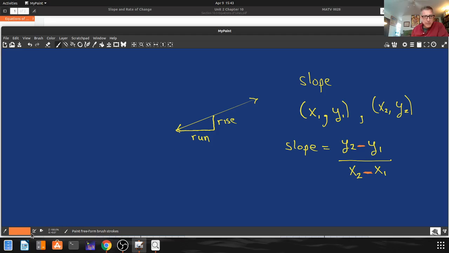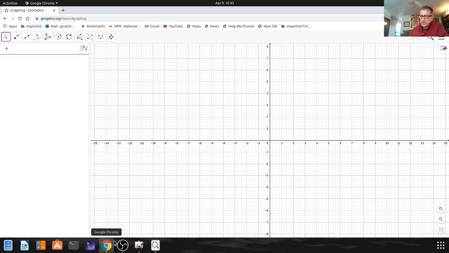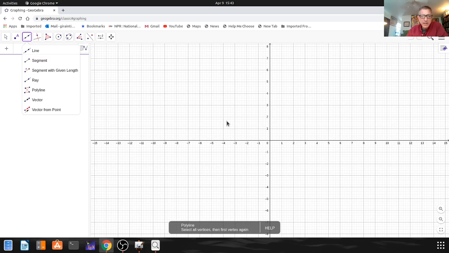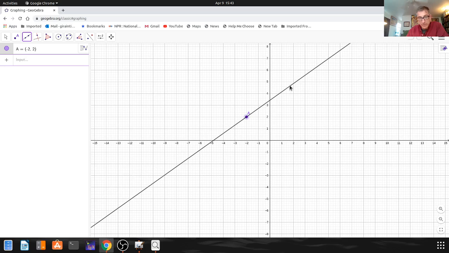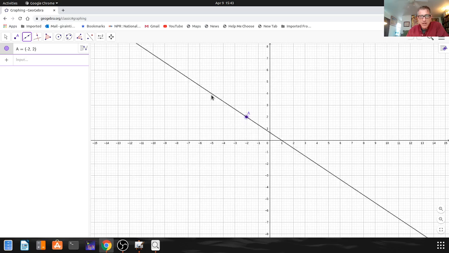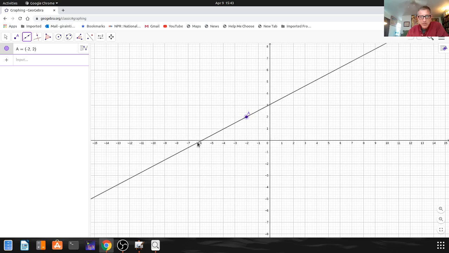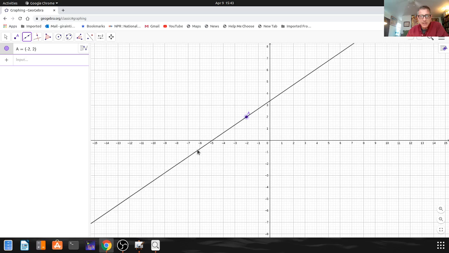So here is an interesting question. Let's actually take a look at GeoGebra really fast. So here I'm just going to draw a point right here. And we see that through that point, as we've actually seen before, there are an infinite number of lines that you can draw through that single point.